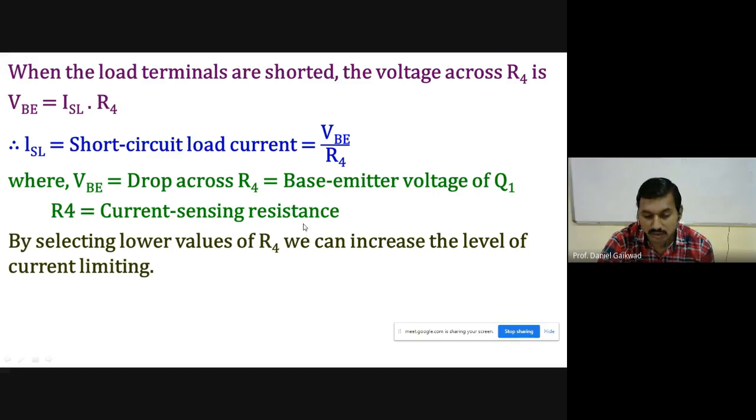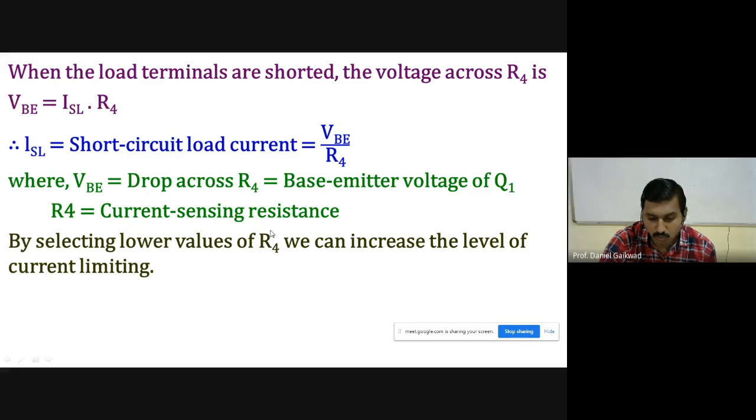R4 is the current sensing resistor. By selecting lower values of R4, we can increase the level of current limiting. So based on the value of R4, if we lower the value of R4, we increase the level of current limiting. Suppose this decreases, this will increase here. So these are the two values on which the protection depends: ISL and R4.